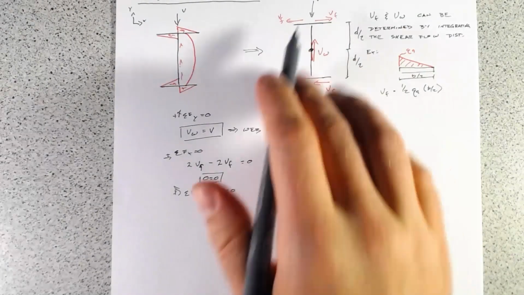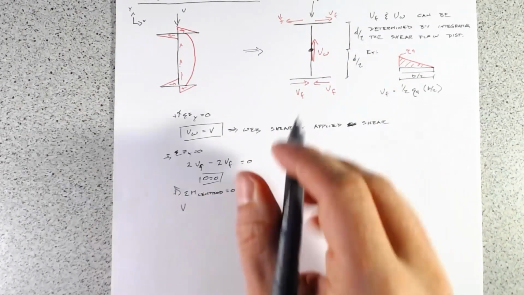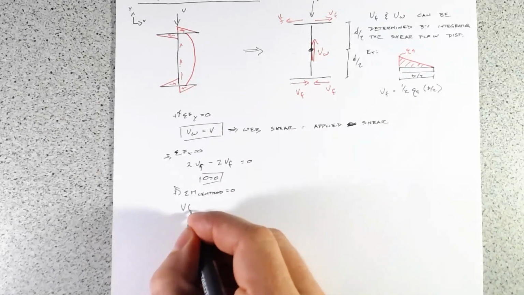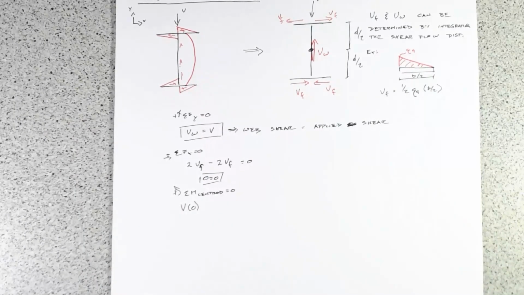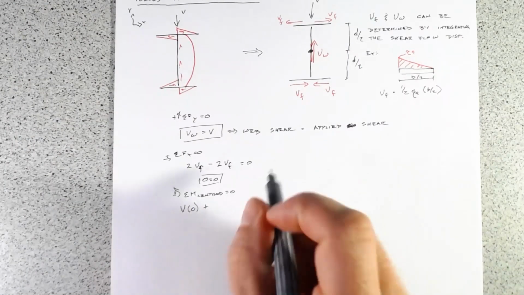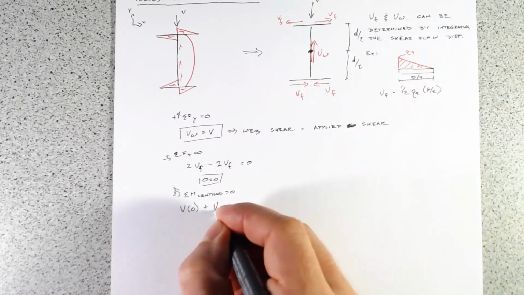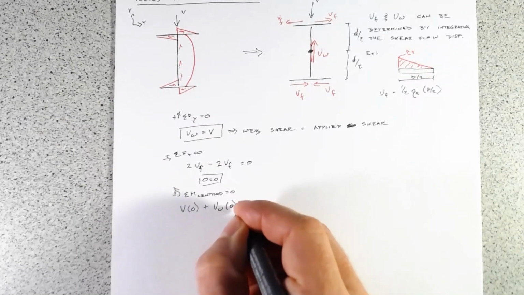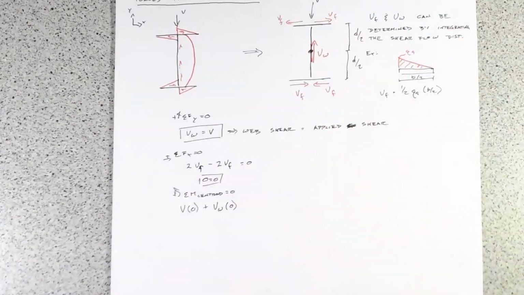So let's work that out. We have our applied load V times 0 distance from the centroid. Similar with V sub W, it's acting right in the middle. I've just drawn it just to the right for clarity.